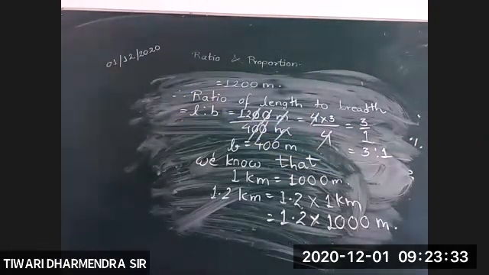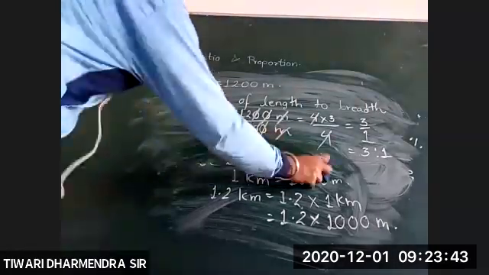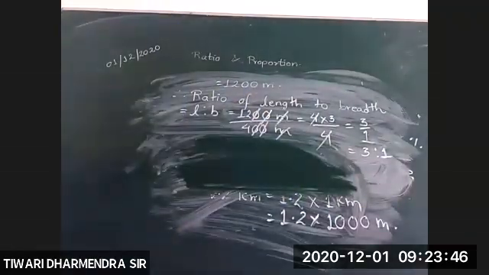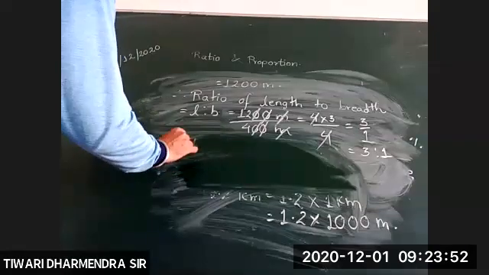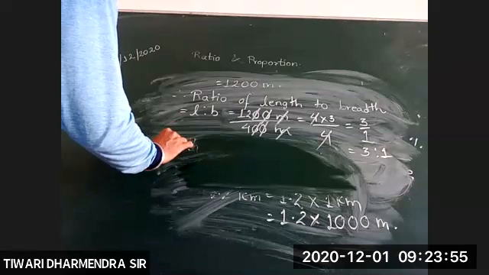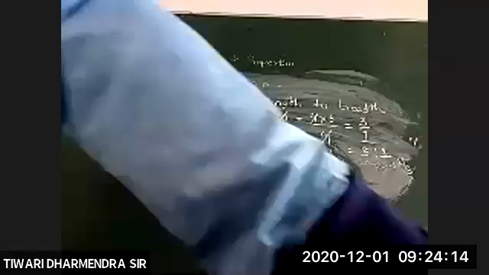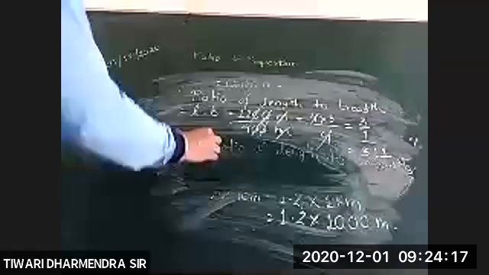So at last we can conclude the ratio of length to breadth is 3:1.